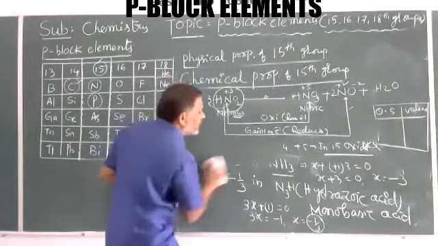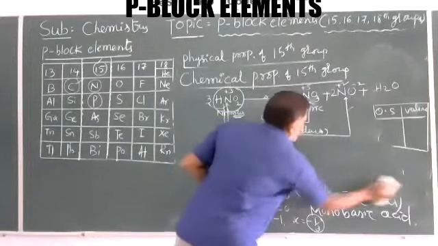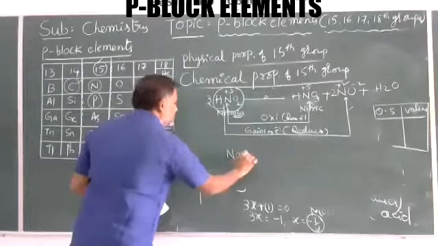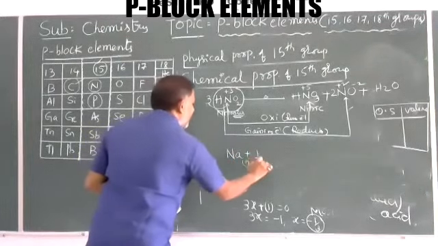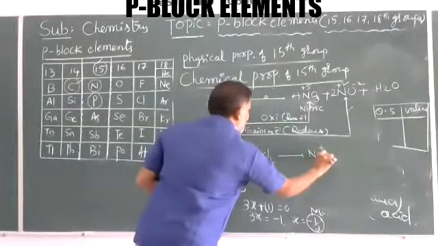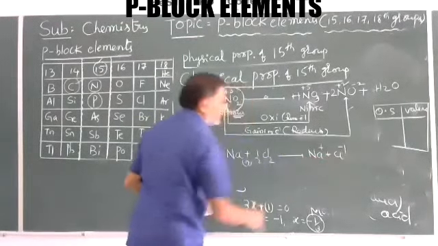A redox reaction is, for example, Na plus Cl2 gives Na plus Cl minus.